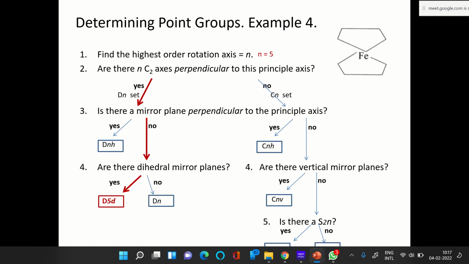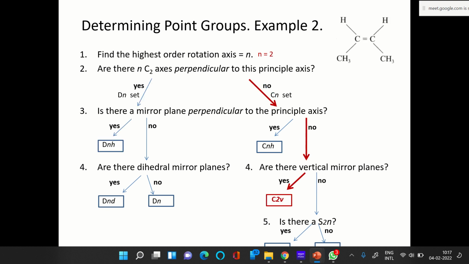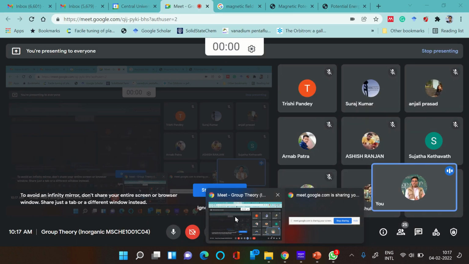So ferrocene is D5d, and the manganese complex is D4h. Are you able to visualize all this, or do you need to go to that thing, C2v, C2h? We can try this.